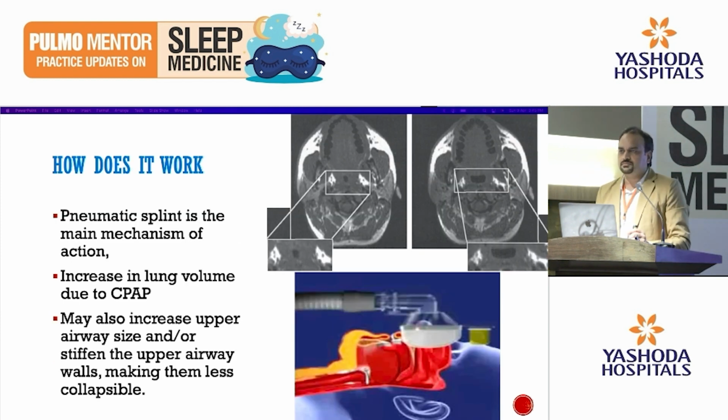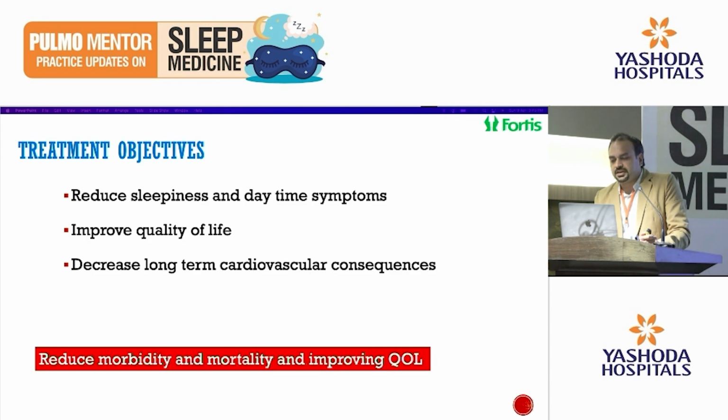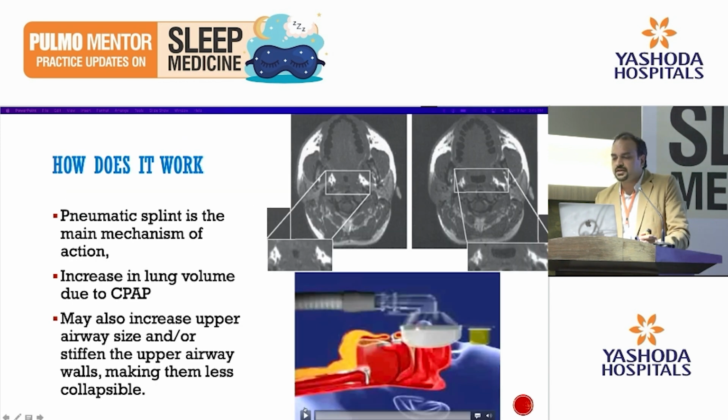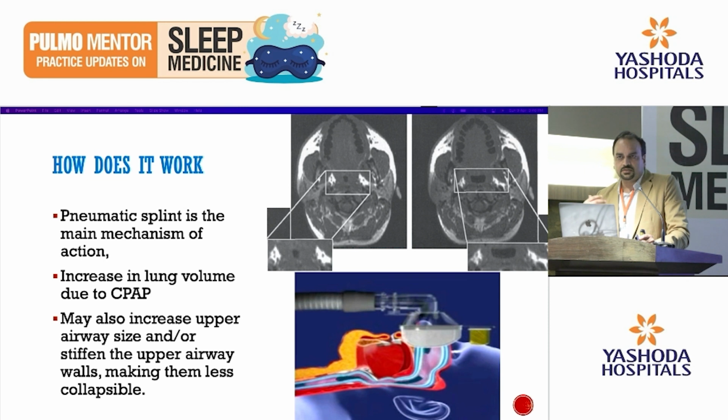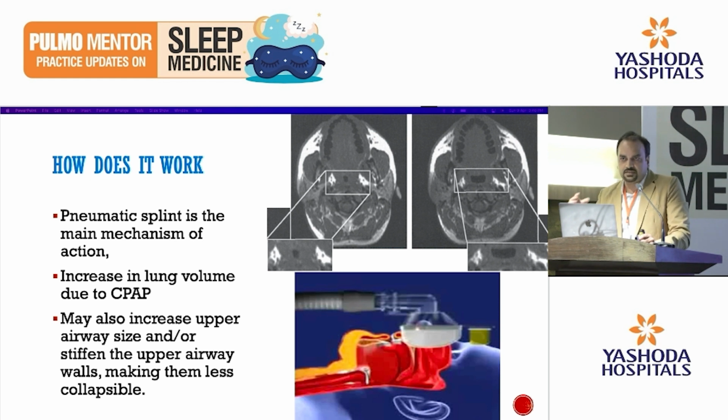So how does it work? A very basic phenomenon that is still there and has stood the test of time is creating an airway splint. While we are treating the other modalities, the other parts of this sleep apnea syndrome, neuromuscular junction, neurological, loop gains and all these things, the therapy which is still valid and probably the gold standard till now is making an airway splint in the upper airway so that all these events can be abolished.